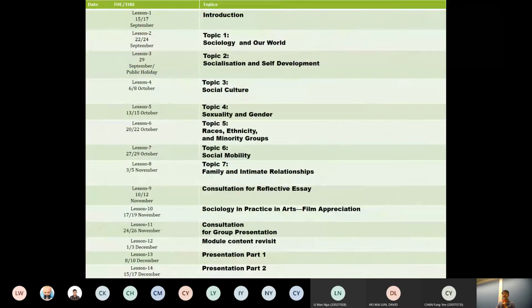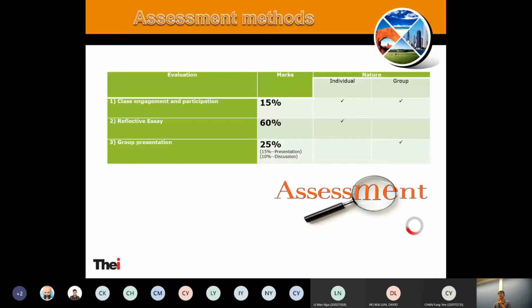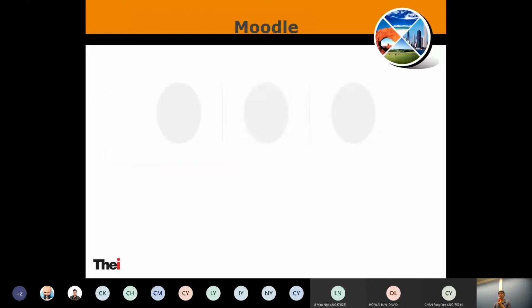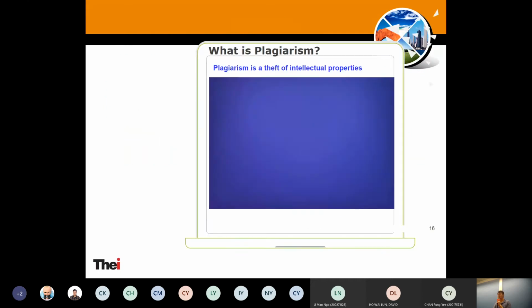Yes, regarding the reflective essay, I would like to remind you again of the general regulation on plagiarism, okay?